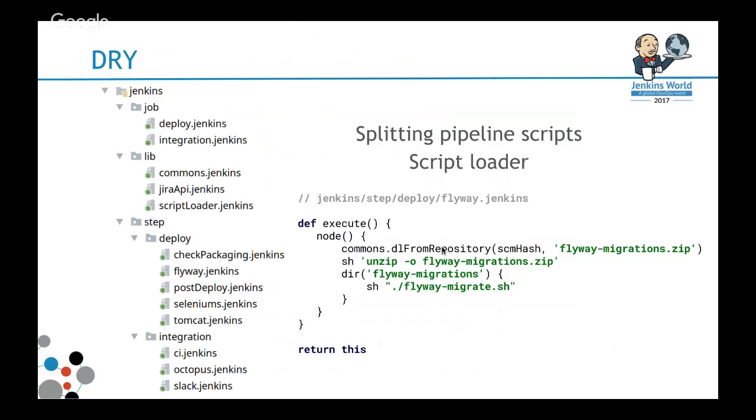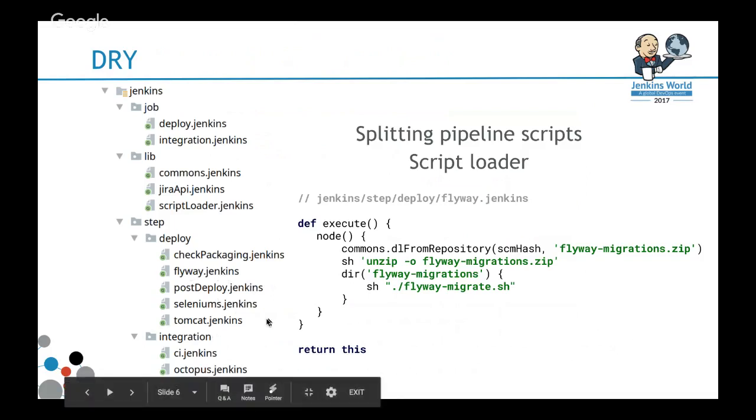And pretty early we tried to refactor some code, saying that okay, that portion of pipeline we can reuse somewhere else. So we split our pipelines into small bits that we can reuse in different jobs that we are creating. So in that example right here, we have the deploy job and the integration job, and the deploy job goes ahead and does the check packaging, the flyway migration into the database, and runs the Seleniums and deploys Tomcat and so on.